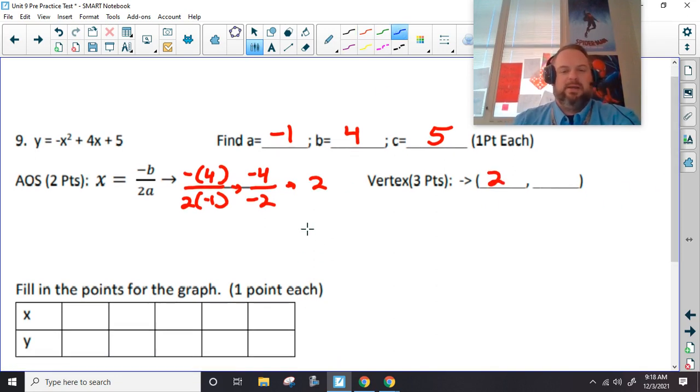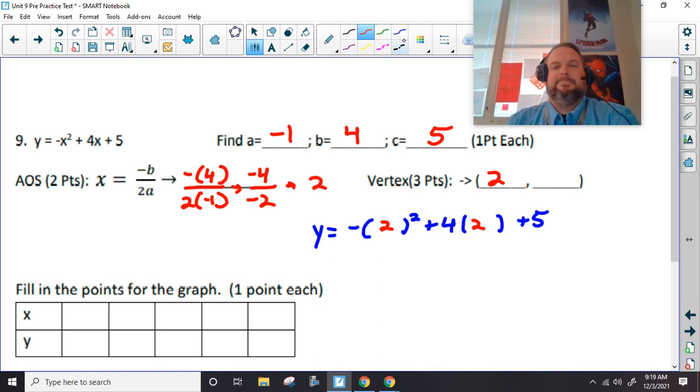We got to find the y. So as y'all very precisely said on the last problem, we have to do the thing with the stuff and the things. All right.